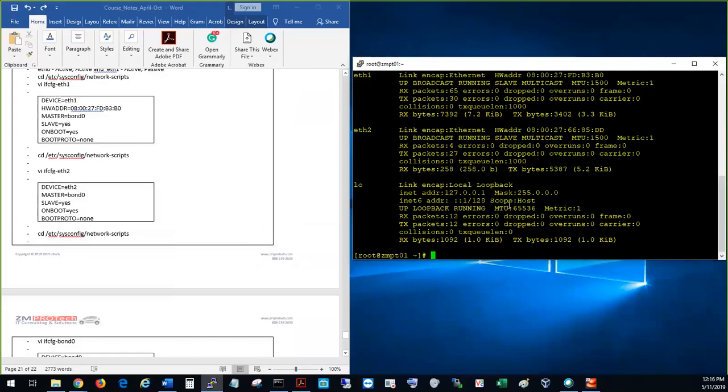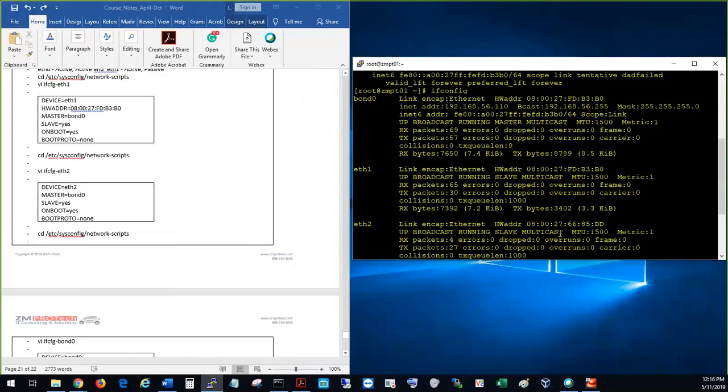All right. So let's see here. Now you see bond 0 is active, and right now let's see if we could figure out which network card is active here.